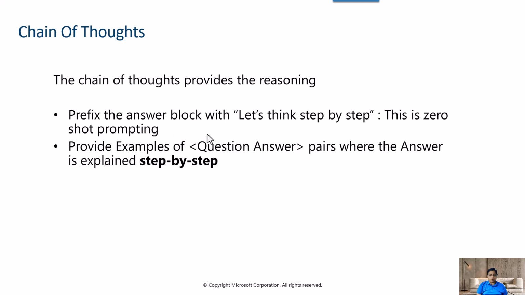And in that zero shot prompting, if I tell you to provide the answer step by step, you will put your reasons and say, okay, this is the first step. Then the second reasoning is that this is the second step, this is the third step. Like that, you are going to provide the chain of thoughts. And this is called chain of thought prompting.